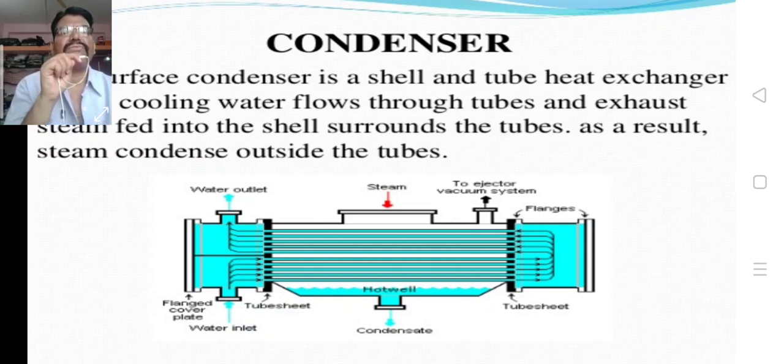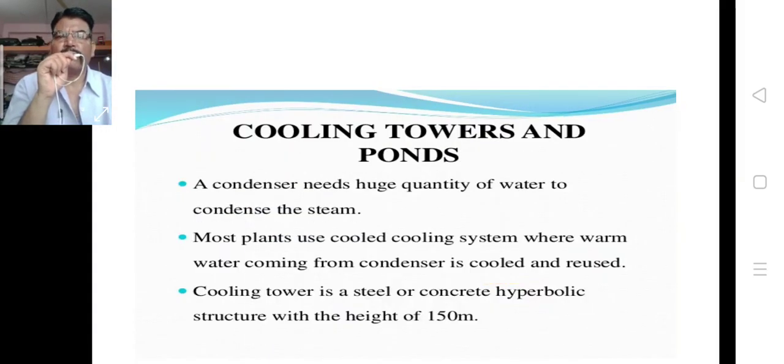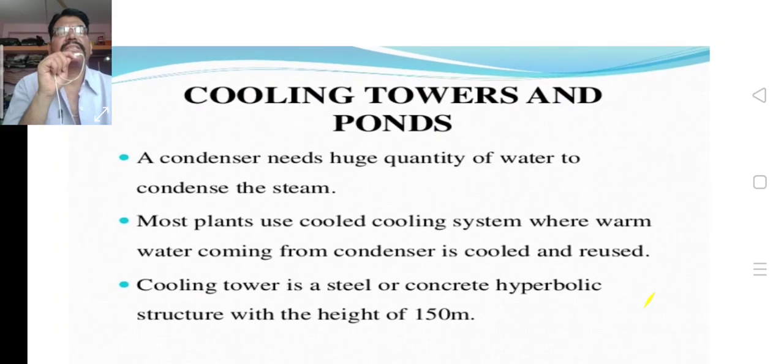The figure consists of an outer shell, and inside it a number of tubes. From one side the water is fed in, and on another side is the water outlet. From the other side, steam enters the cylinder over the number of tubes, so that we get the condensate. It means that steam is converted into water, which is called condensate.